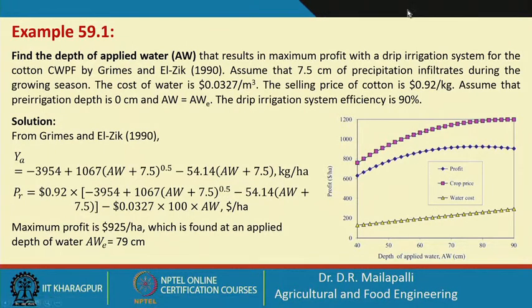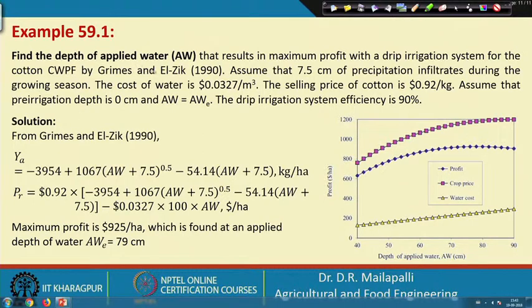Here is an example. Find the depth of water applied that results in maximum profit with a drip irrigation system for the cotton crop water production function by Grimes and Elzig, which is already given in the previous slides. Assume that 7.5 centimeter precipitation infiltrates during the growing season.